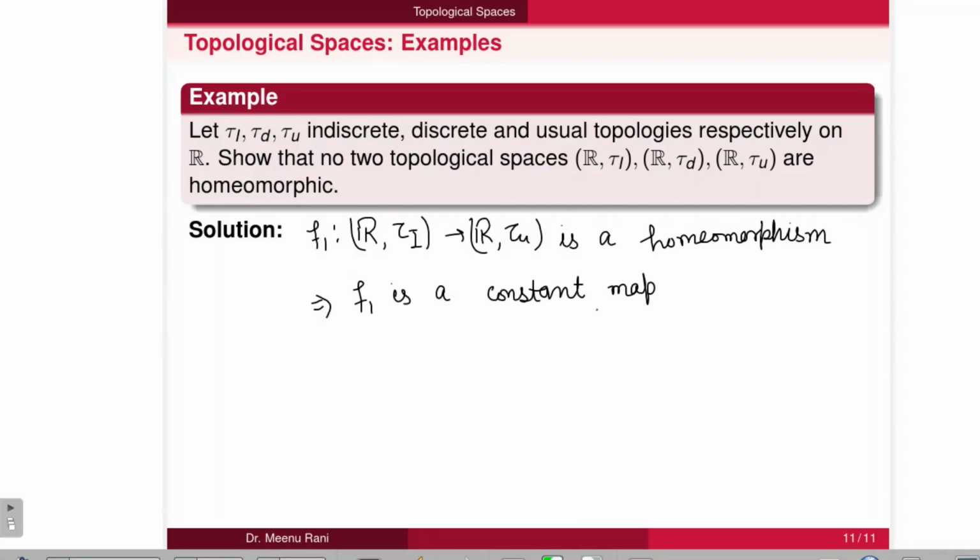But if F1 is a constant map, this implies that F1 is not a bijective map. So we cannot say that it is a homeomorphism. So F1 is not a homeomorphism here.